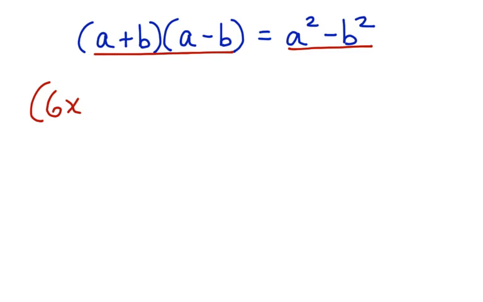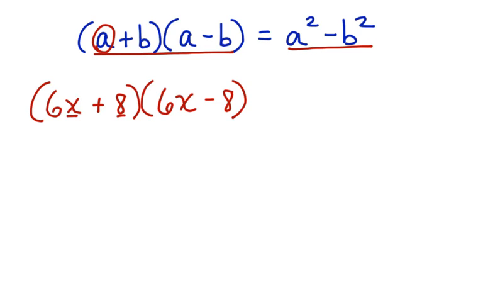Let's say we have 6x plus 8 times 6x minus 8. Now in this case, the 6x represents the a, and the 8 doesn't have a variable with it, but we can still use it in the same way.